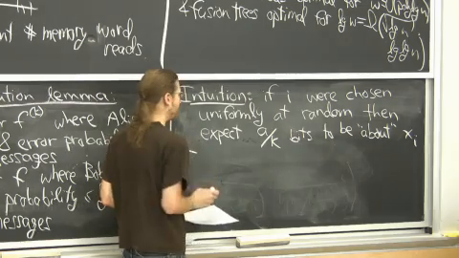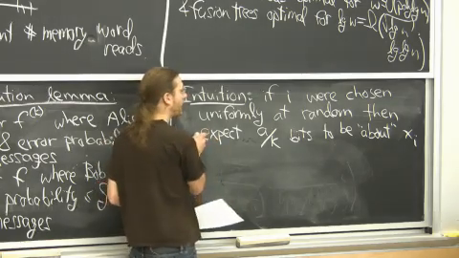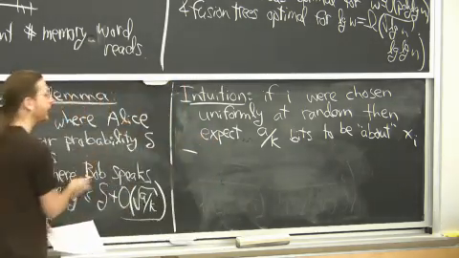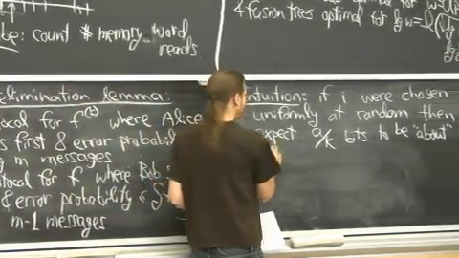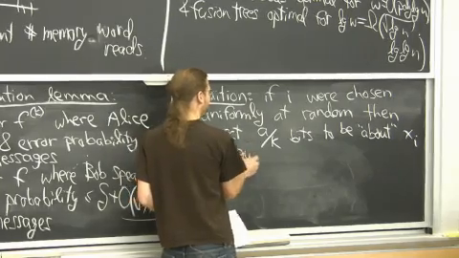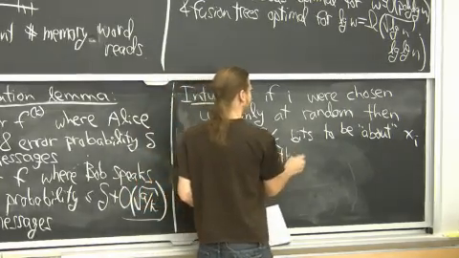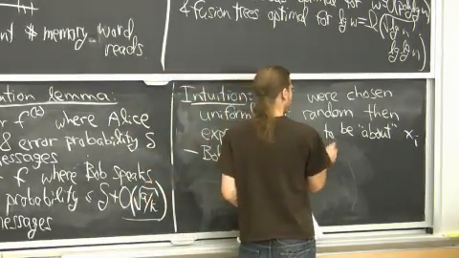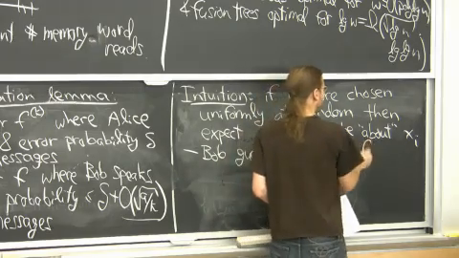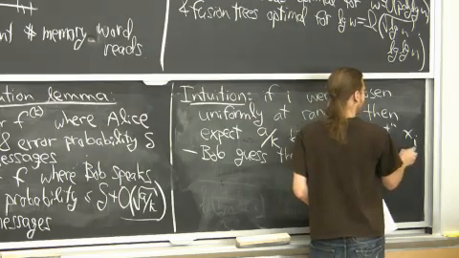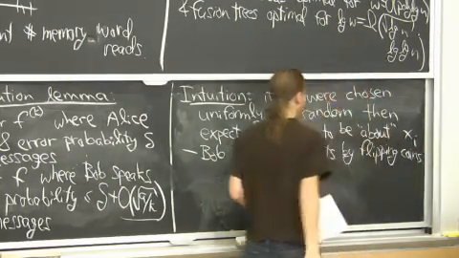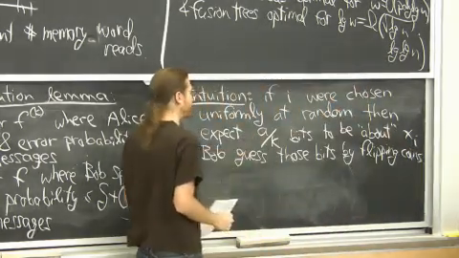So here's the idea. We want to remove that message, so Alice can't communicate those a over k bits. What's Bob going to do? Bob is going to guess them by flipping coins. So guess them uniformly at random, a over k bits.